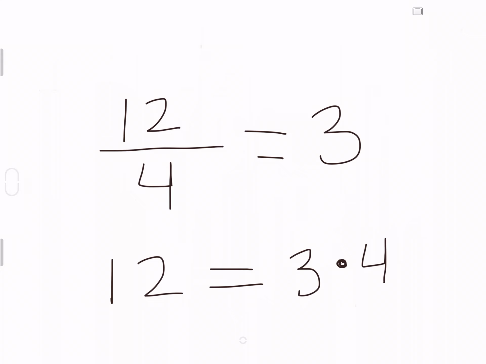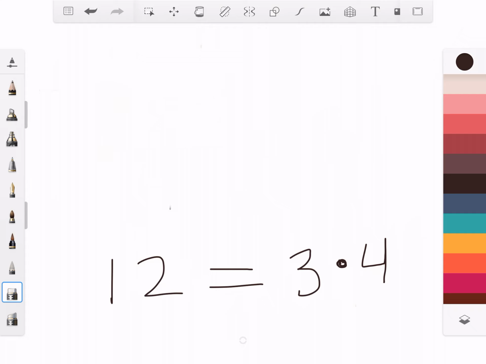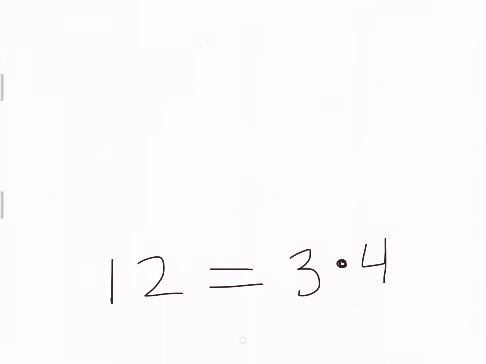Okay, so we say that 4 divides 12, because there is an integer, and it has to be an integer, in this case 3, such that 4 times 3 equals 12.